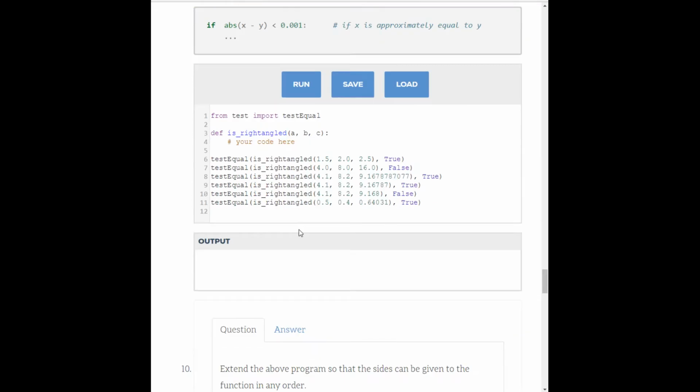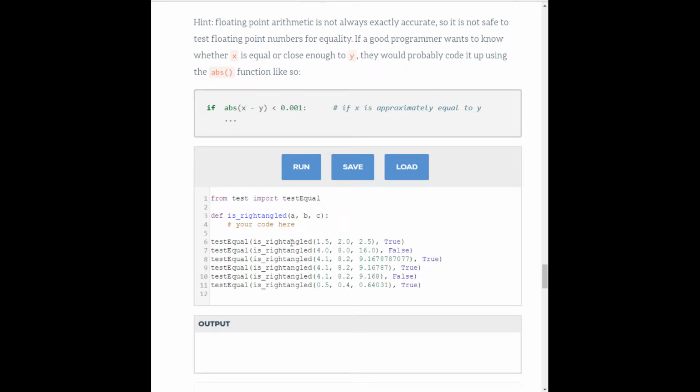So to even get started here, we need to know, how do you check to see if a triangle is a right angle? And the answer is use the Pythagorean theorem, right?